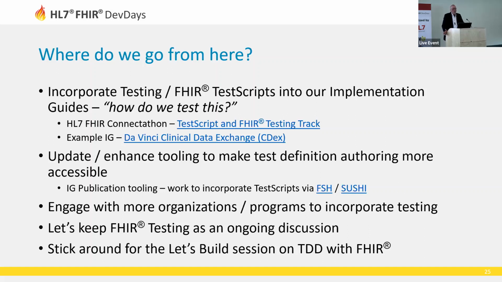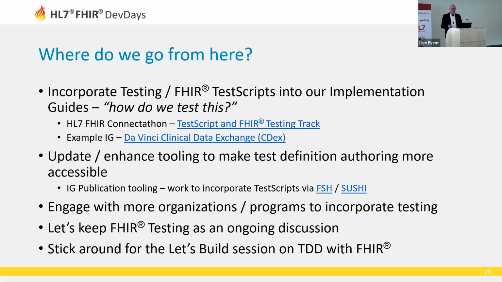So where do we go from here? Well, obviously we want to incorporate testing into our implementation guides. I've had various conversations here at DevDays and even at some of the recent Connectathons in our FHIR testing and test script Connectathon track, where we want to make defining testing easier and incorporate that into the implementation guide itself in a more formal way.